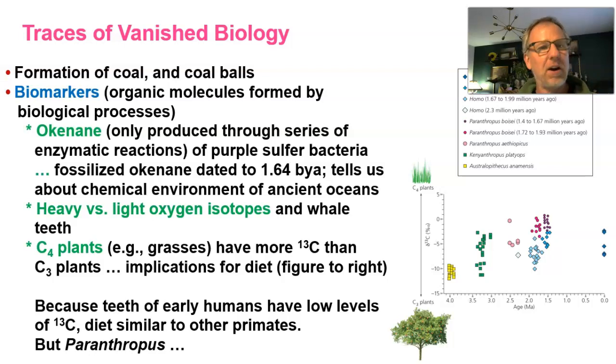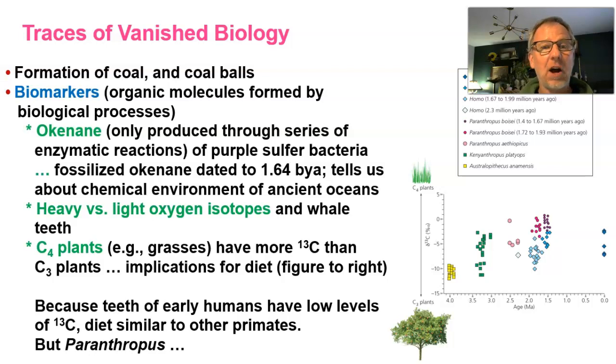We have found fossilized okanane dating back to 1.64 billion years ago, and that tells us about the chemical environment of the ancient oceans, because these purple sulfur bacteria are anoxic, they are anaerobic, they do not thrive well in oxygen-rich habitats. So if we detect these okananes, that means we are detecting sediments from where purple sulfur bacteria lived, and they would have been very oxygen-poor environments.